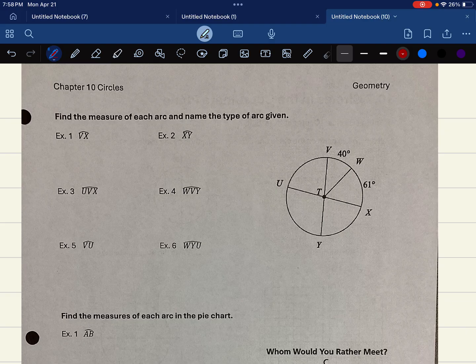So first, I would just start here and find these missing pieces, right? We know that this is a straight line, so all of these together should be equal to 180 degrees. So I'm going to start with 180, and I'm going to subtract 40, and I'm going to subtract 61 to find the missing part, which would leave us with 79. So we're going to put that up at the top where UV is.